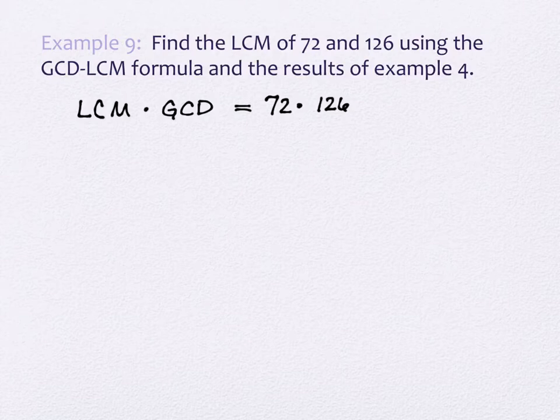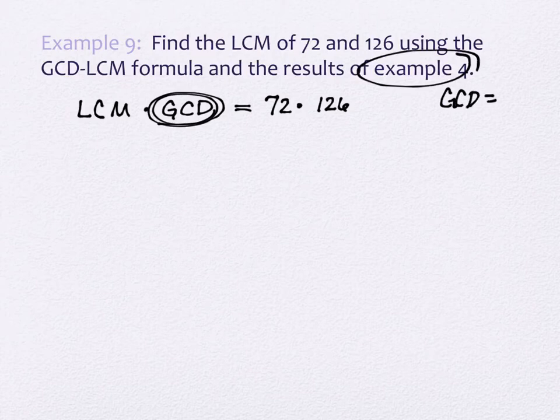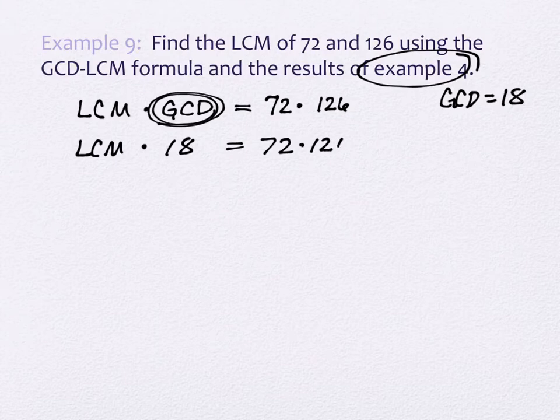Those are the two values. Now we found the GCD back on example 4. What was the GCD that we found in example 4? 18. So this is actually the LCM times 18 equals 72 times 126.